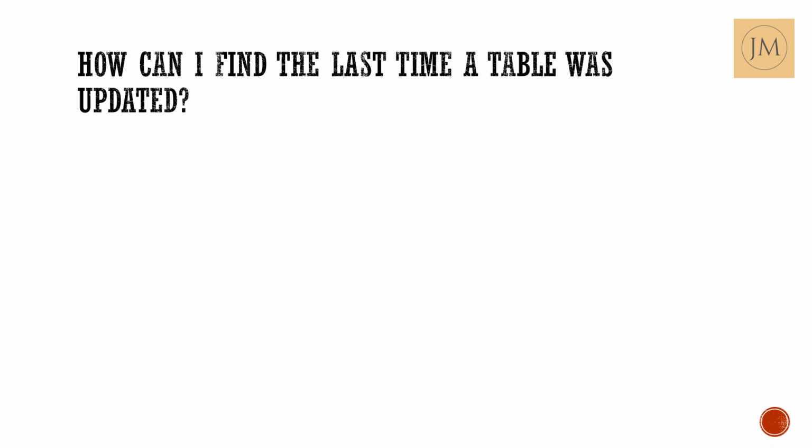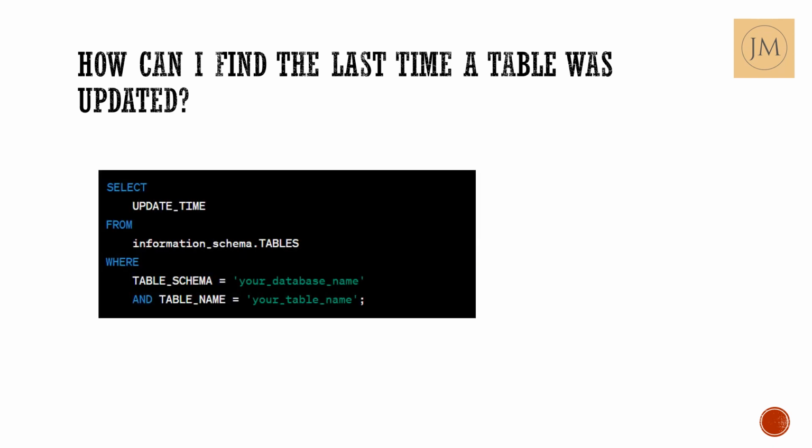How do I find the last time a table was updated? The result of this particular query will provide you the update time for the specific table. You can mention the table name, which indicates the last time the table's data or structure was updated.